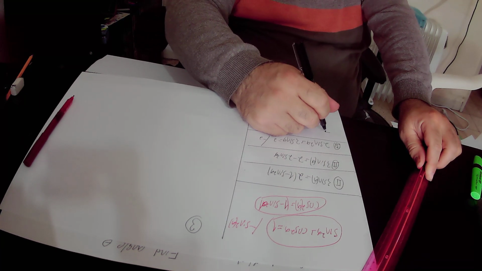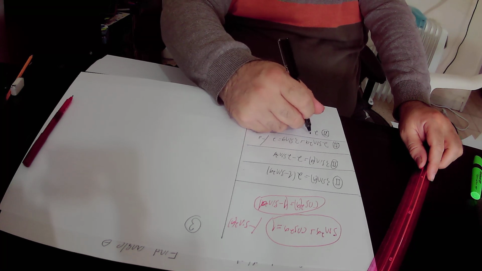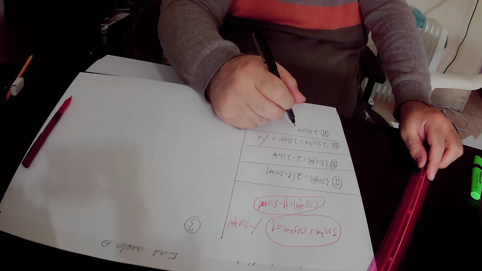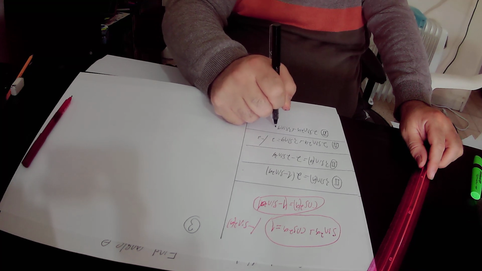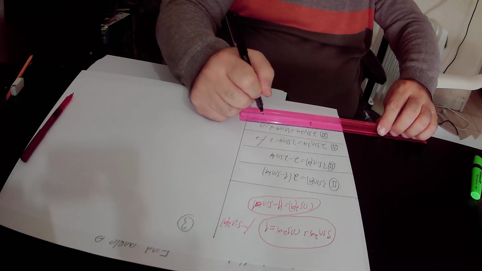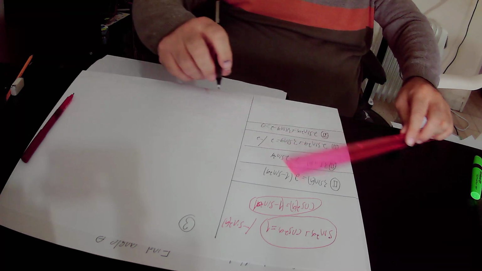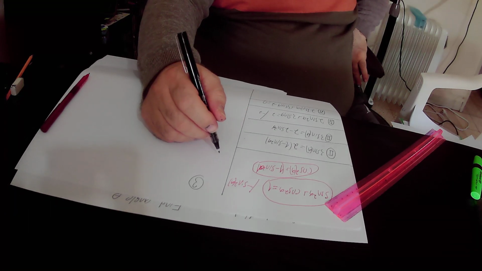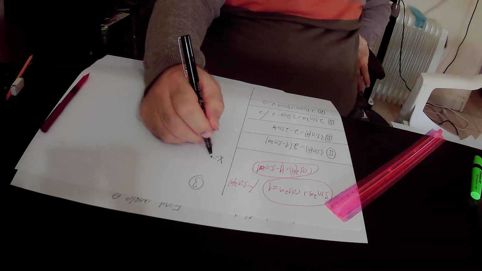2 sine square alpha plus 3 sine alpha minus 2 equals 0. We have here a quadratic equation. The missing variable in this quadratic equation is sine alpha, so x equals sine alpha.